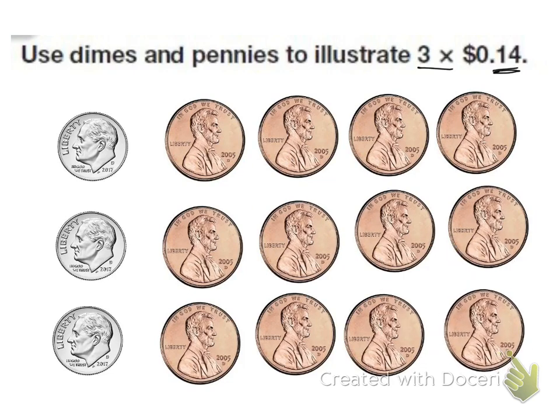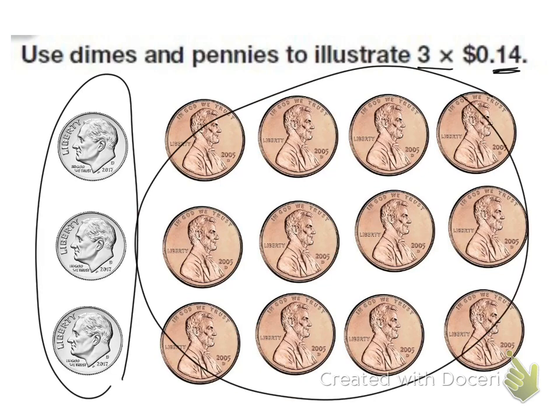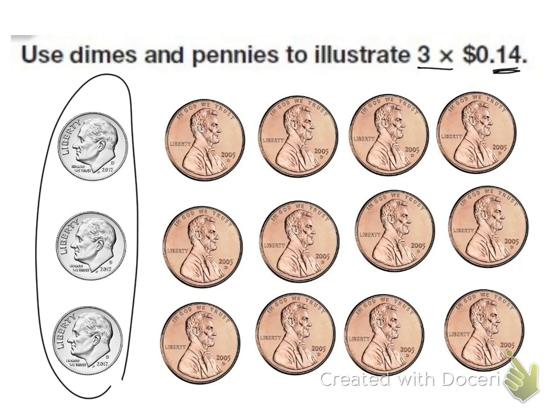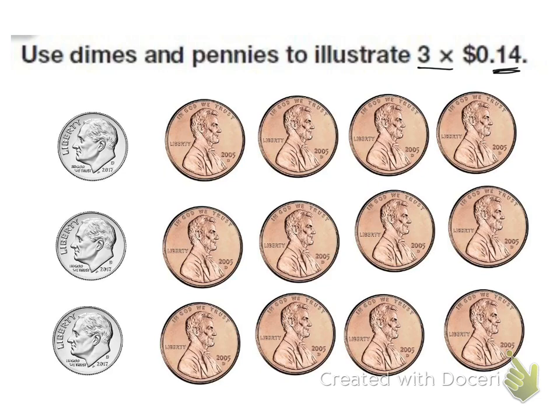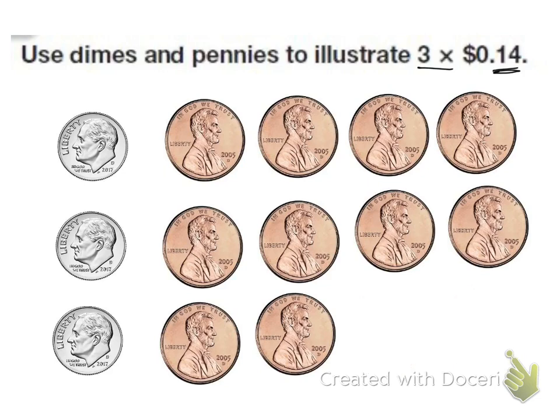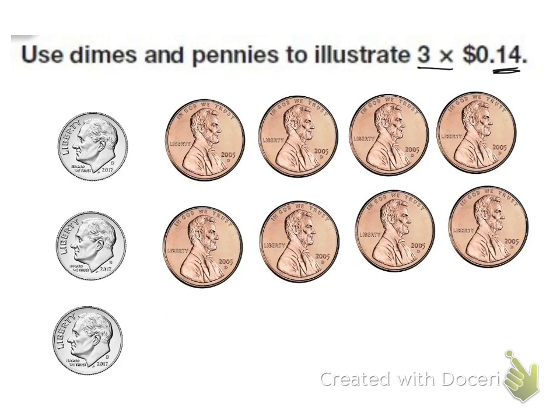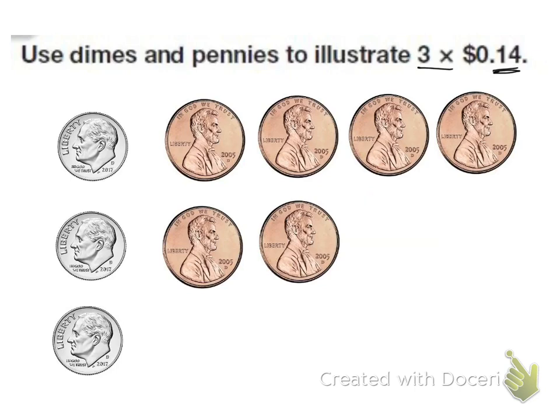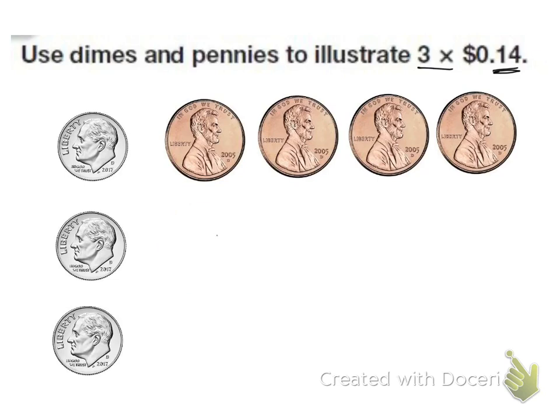All right. So we can see that I have a total of 3 dimes and 12 pennies. Since 12 pennies is more than a dime, I can trade 10 pennies for a dime. So I take out 1, 2, 3, 4, 5, 6, 7, 8, 9, 10.